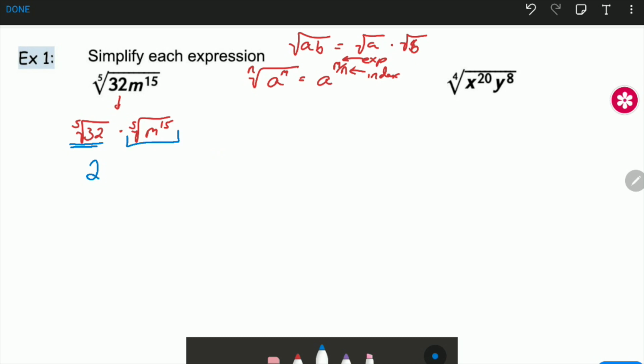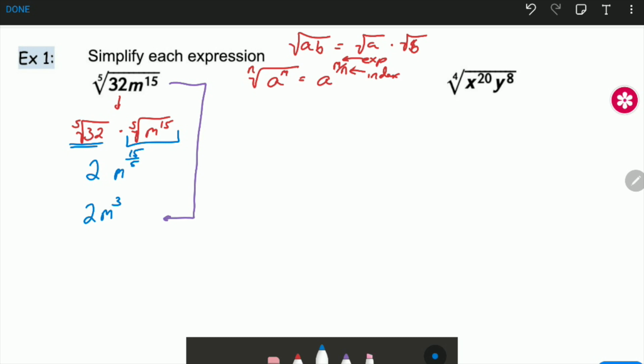For the variables, we can look at it like this: m to the 15 over 5, exponent over index, but 15 over 5 reduces to m to the third. And oftentimes, people will jump in this situation from here to here. Depending on what purpose you're doing this for, you may be required to put in steps in between, depending on the situation. Going for the other one.